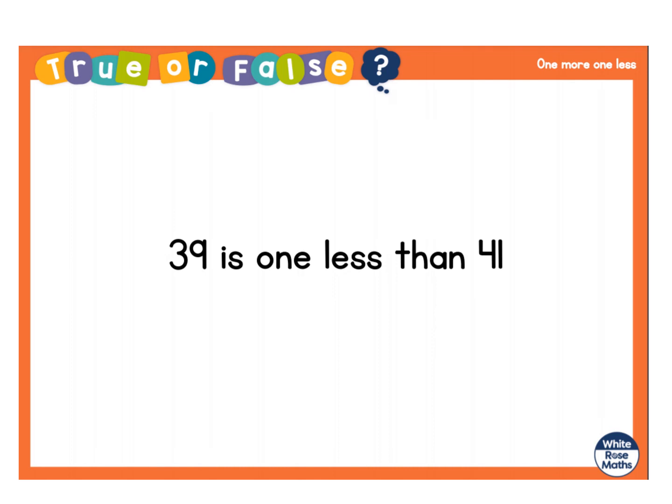True or false? 39 is 1 less than 41. Is that true or is that false? Well done if you said false, because 39 is 2 less than 41, not 1. 39 is 1 less than 40, isn't it?